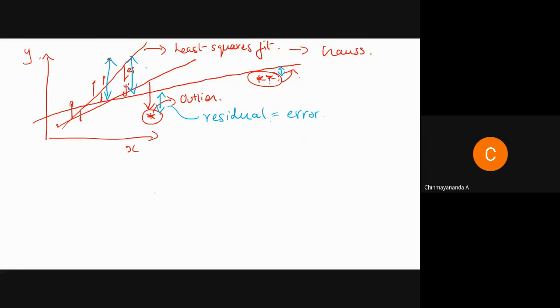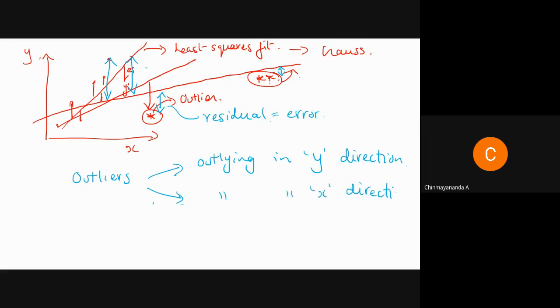So outliers can be of two types, at least from this graph. One is outlying in y direction. The other type of an outlier is outlying in x direction, because usually we will have data as x1, y1, x2, y2, so on and so forth, right?